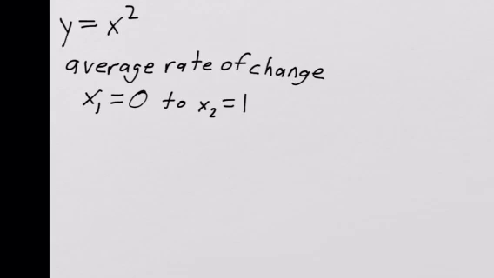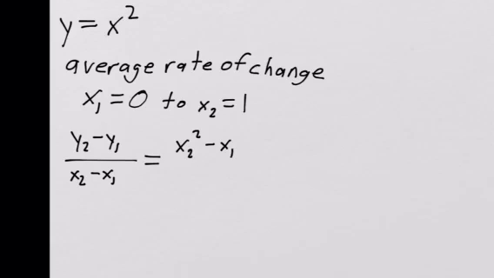So what I can do for this is do y2 minus y1 over x2 minus x1. However, we have a definition for what y is, so we can do x2 squared minus x1 squared over x2 minus x1.